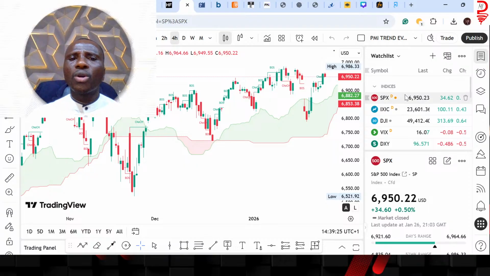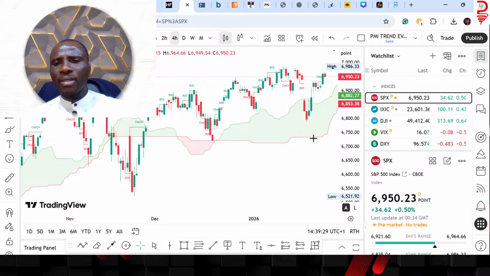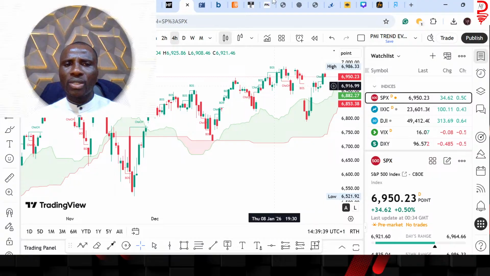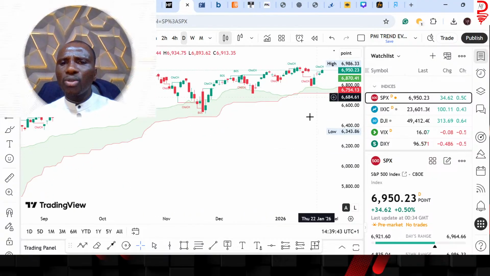So the first one we consider when we are looking at the sentiment storyline is the S&P 500. What is the position of S&P 500 on the global level? This position is going to show us to what degree investors are ready to risk their money in the market.